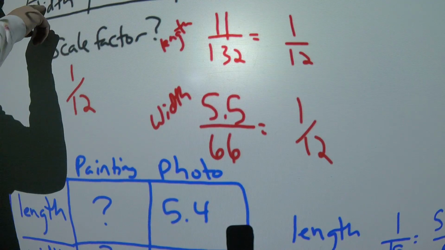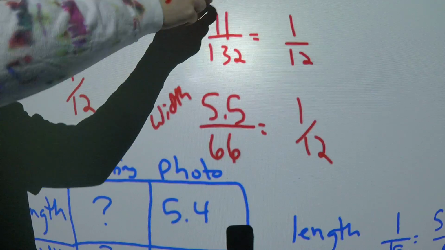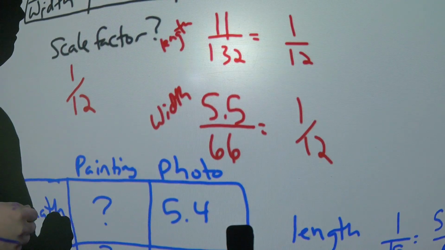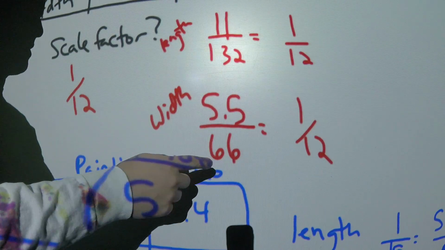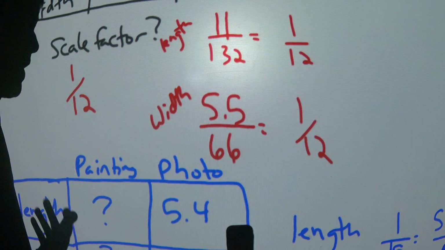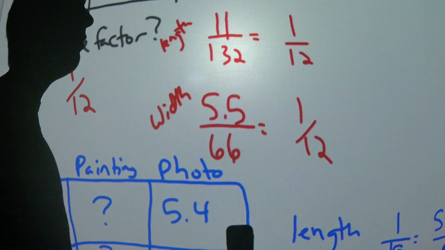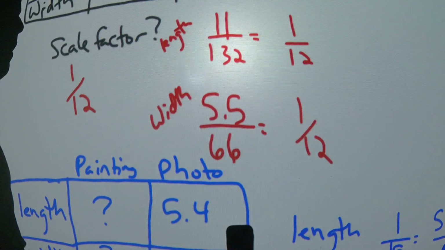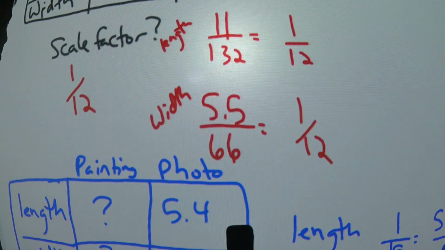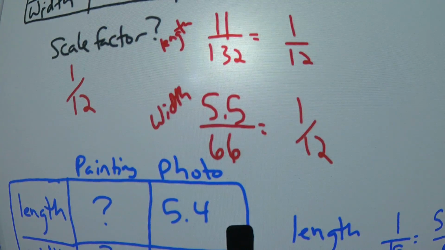Now the width, you'll do the same exact thing. You take the width of the model over the width of the race car, 5.5 over 66, and when you reduce that fraction or divide 5.5 by 66, you get 1 over 12. So you found that both of these are 1/12, so therefore the scale factor is 1/12. They would have to come out the same in order for it to be to scale.